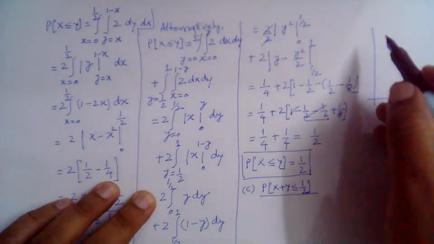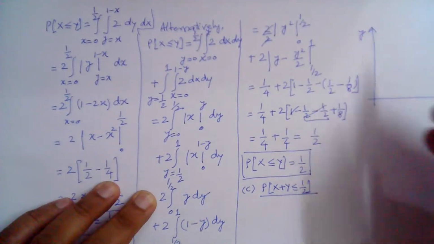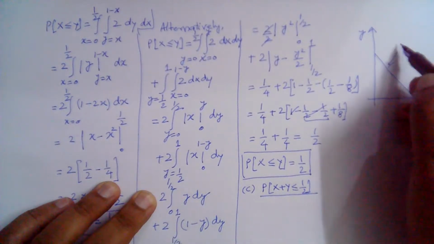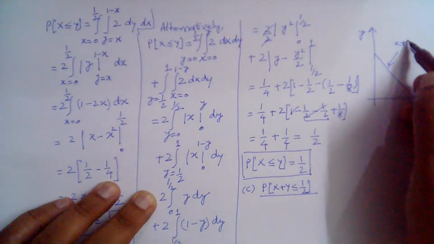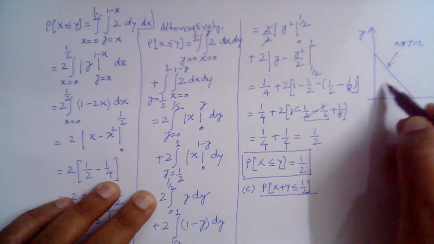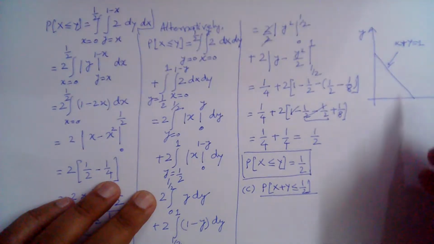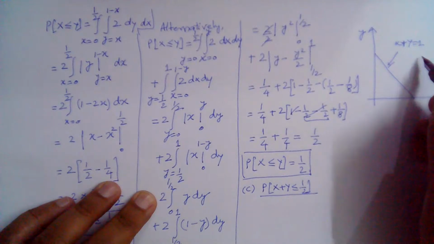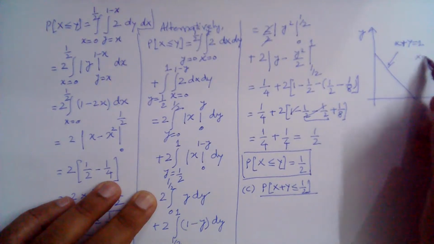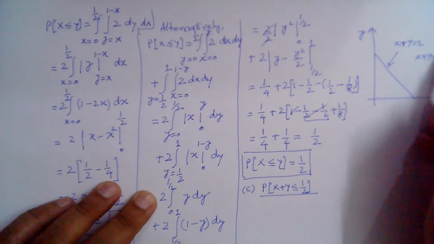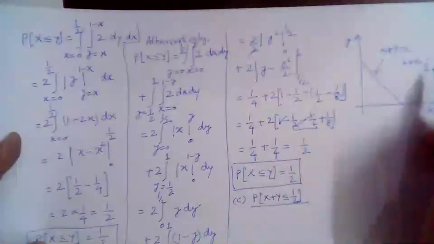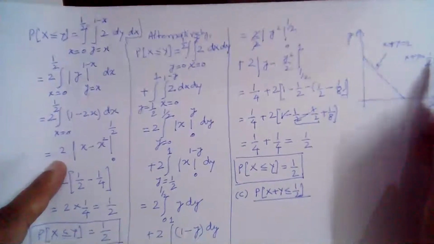This is x, and this is y, and we have this line here, right? This is x plus y is equal to 1, and this region is x plus y less than or equal to 1, right? And let's draw this line now, x plus y is equal to 1 over 2.